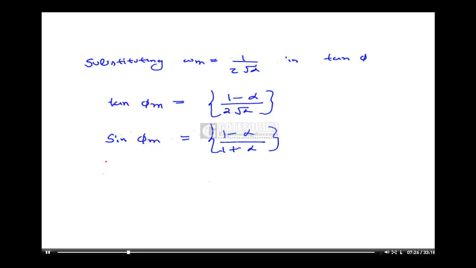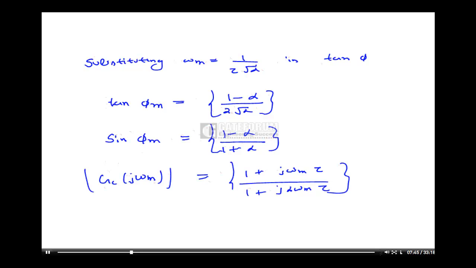So this is for the phase. The magnitude of Gc of j omega m, with 1 plus j omega m tau and 1 plus j alpha omega m tau, is 1 by root alpha. This is the magnitude. So we have seen the phase, which is why it is called a lead compensator. The phase is always positive.